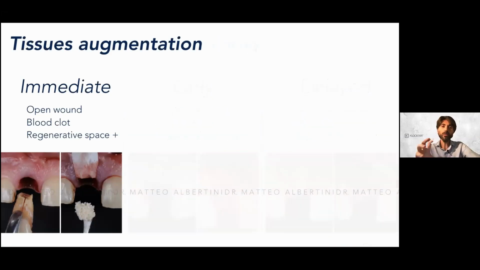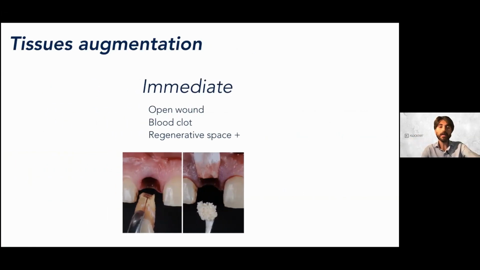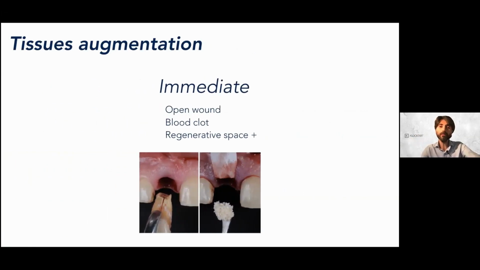So I want to focus the presentation on the immediate approach in which we have an open wound, only the blood clot, but we have a big regenerative space which has been created by the root itself.